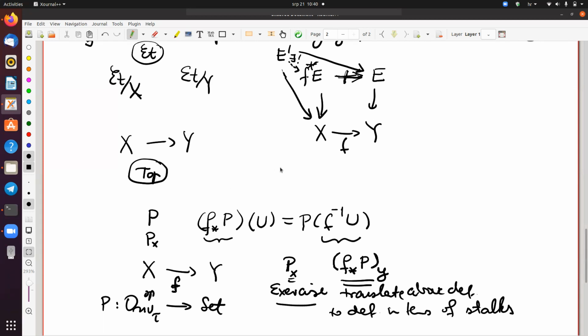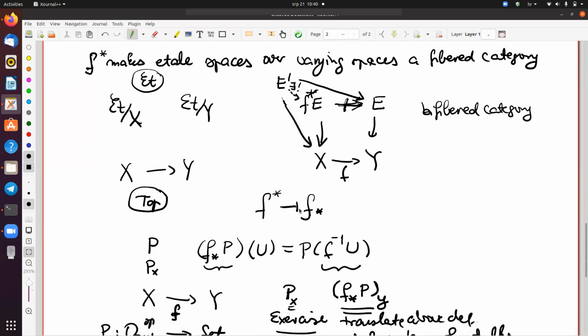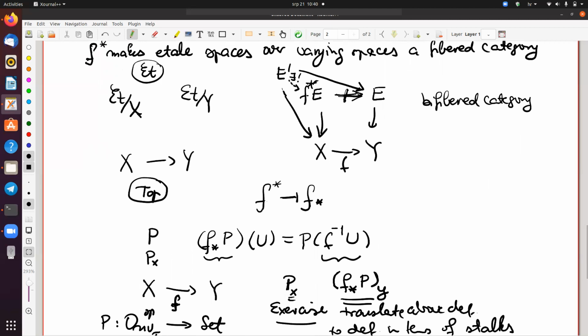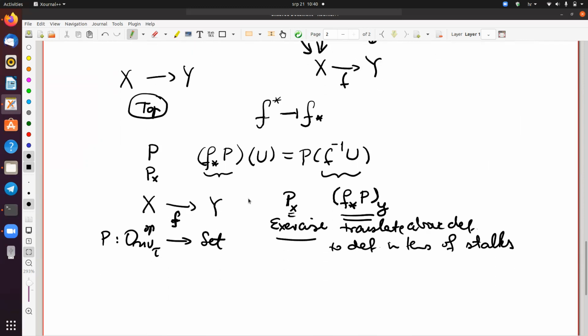Okay, and then it appears that F upper star is a left adjoint of F lower star. That means that this fibered category here becomes what we call a bifibered category. It is fibered and it's co-fibered for this. And these are left adjoints, these are right adjoints.